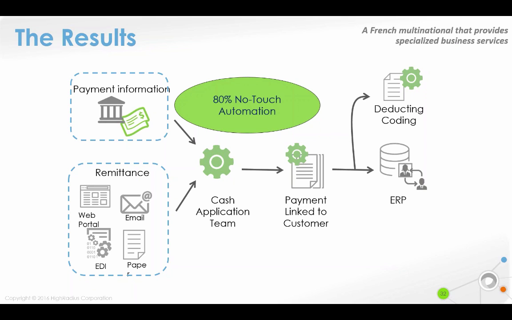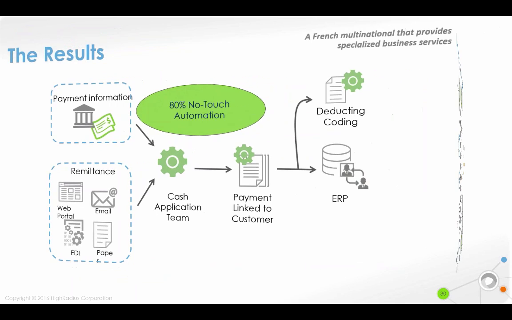We took the payment information from the bank using the solution, and that RPA technology was able to not only identify the payments, but also extract the deductions and code those automatically. So this particular client was able to achieve 80% no-touch automation, where previously this was taking them hours and hours, days, a week.